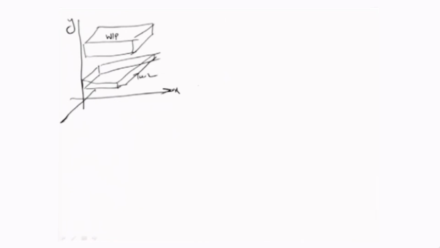So the workpiece was moved like this, and then we assume that there is a movement rate or feed of this particular workpiece towards the tool, assumed to be f.